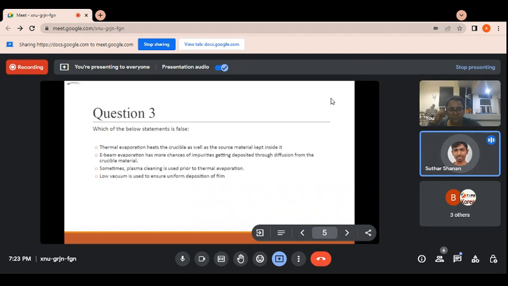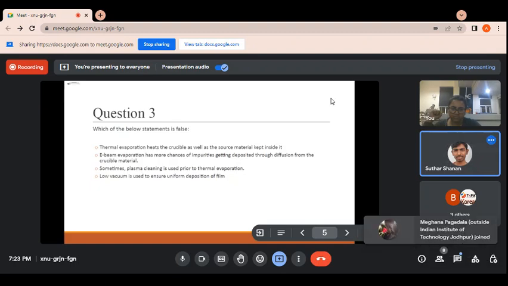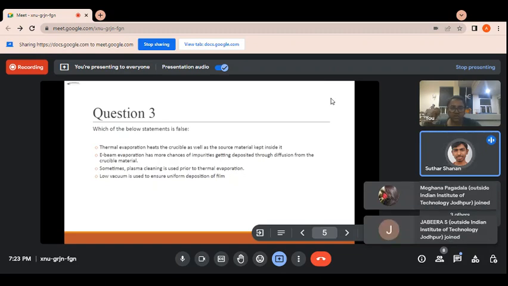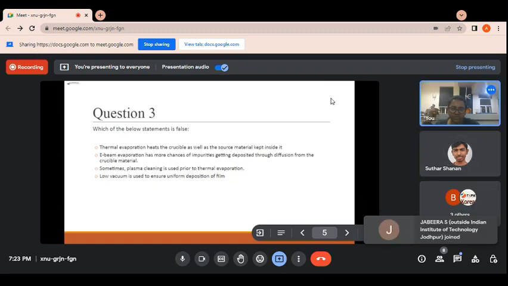Second one, E-beam evaporation has more chance of impurities. I think that one is false actually. Actually, option 4 says low vacuum is used to ensure uniform deposition. Low vacuum means high pressure. It means 10 to the power minus 6 or something like that.